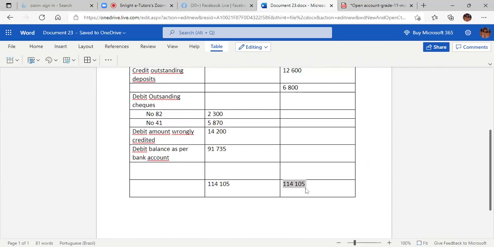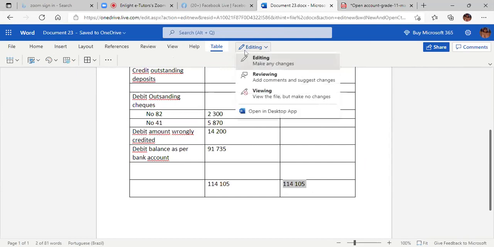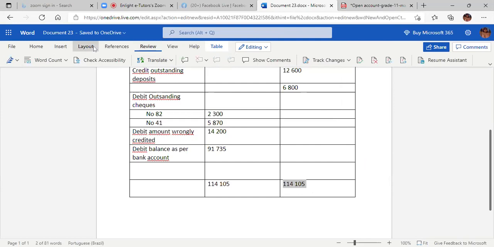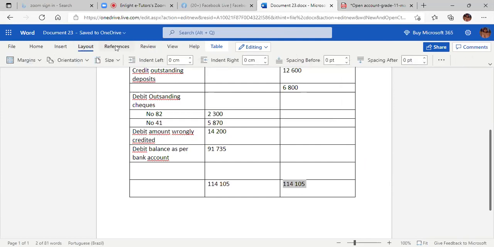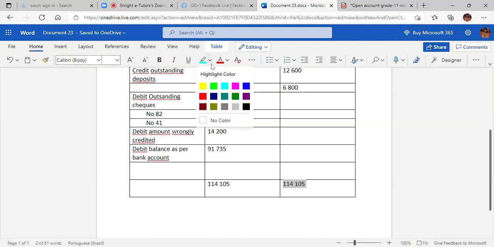I want to highlight it. Layout, home, highlight it, or whatever. Okay, this is the balancing amount.